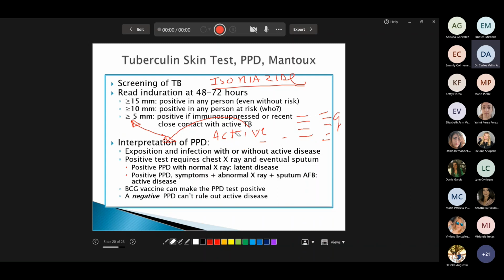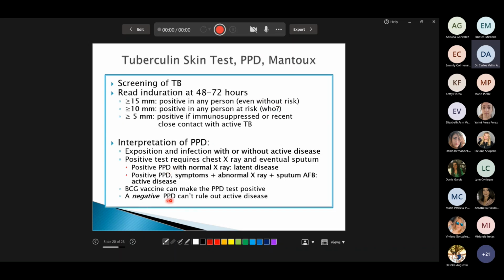When 3 sputums are already negative in active tuberculosis after initiated treatment, the patient is not contagious anymore and is sent home to continue the treatment at home, but without any kind of precaution because the patient is not contagious anymore. Okay, so that's it.